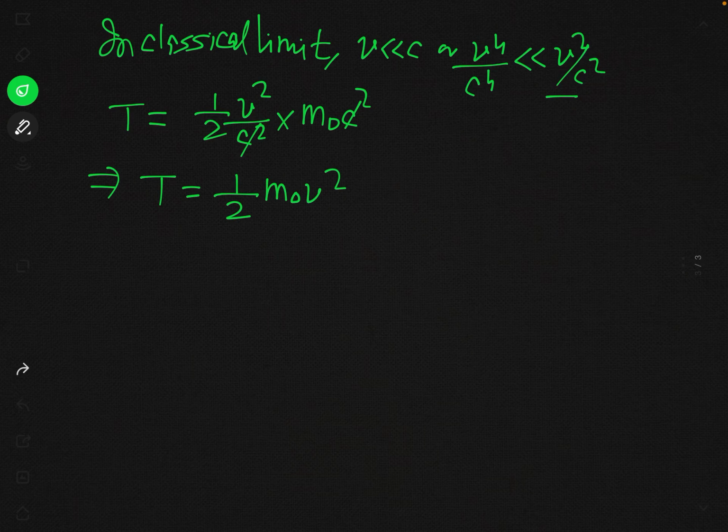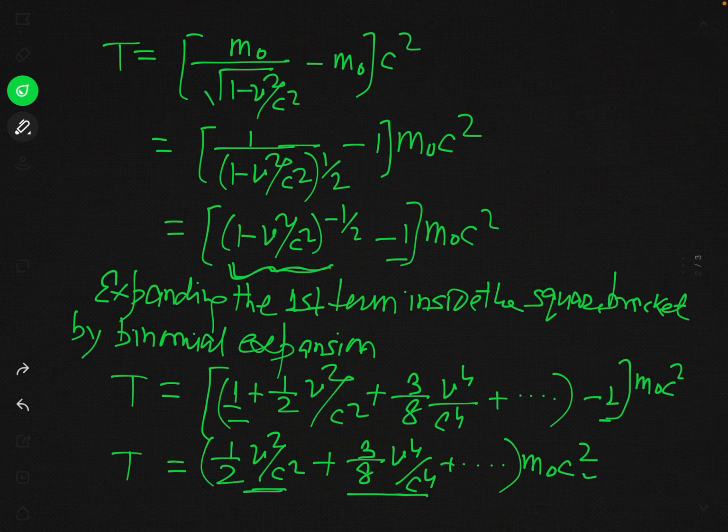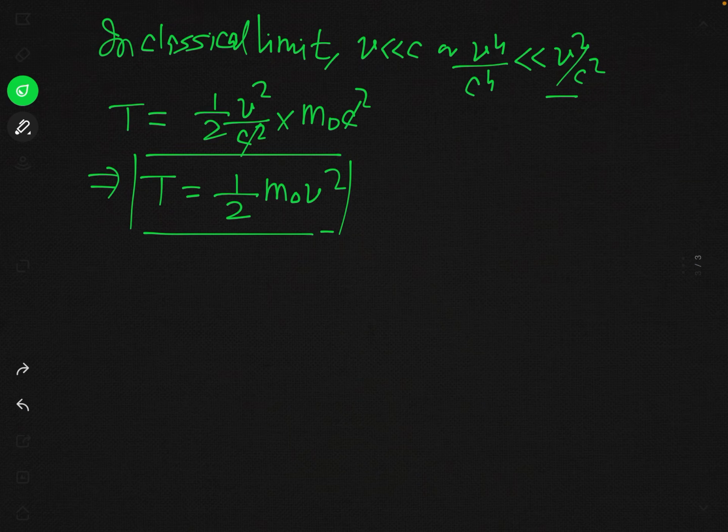Here c square will cancel out, and you find that T is equal to half m naught v square. And you know, this is the well-known classical formula for the kinetic energy of our particle. So you have again seen that this relativistic expression for kinetic energy is transformed into the equivalent classical result when we apply the classical limit condition on the relativistic formula.